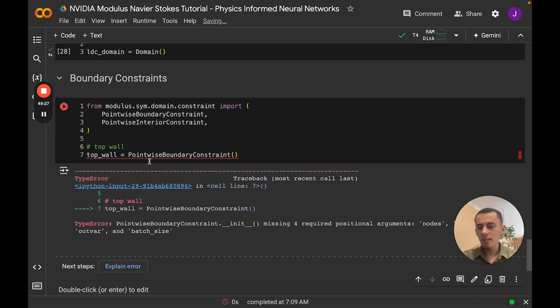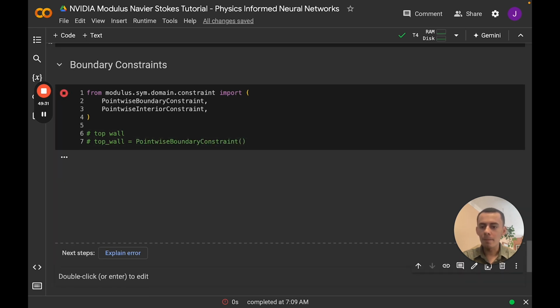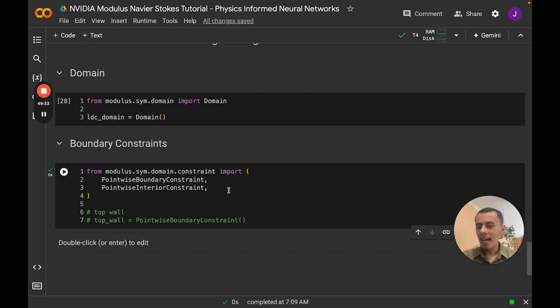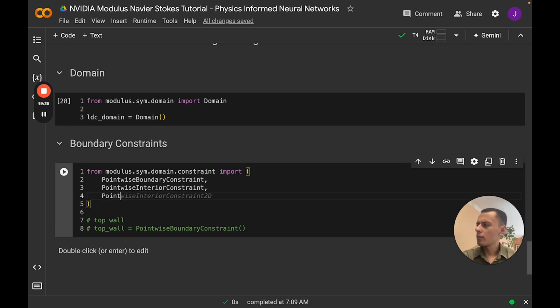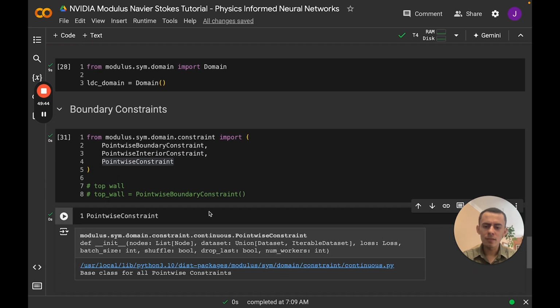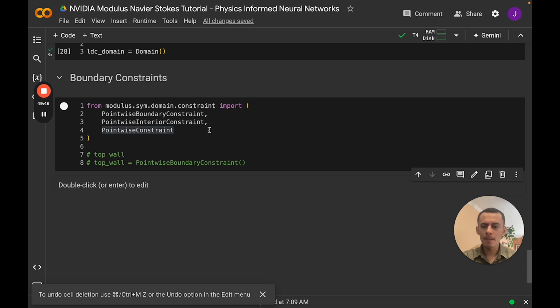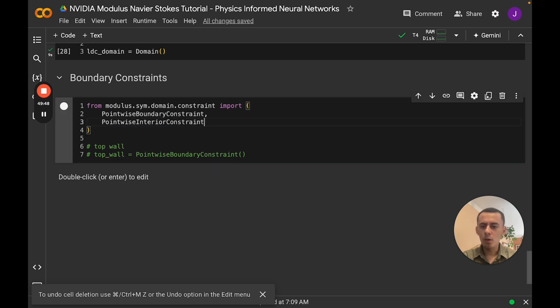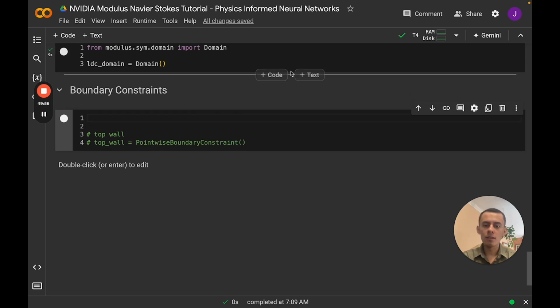I think they also have a class called point-wise constraint, apparently. I suppose it's the parent class for the other two. We don't need that one. We need the point-wise interior constraint and the point-wise boundary constraint. Right now we're dealing with boundary constraints.